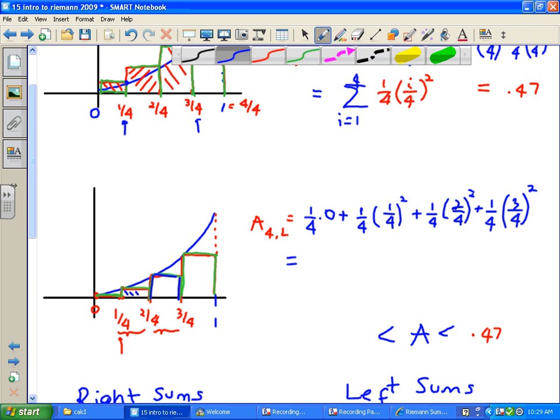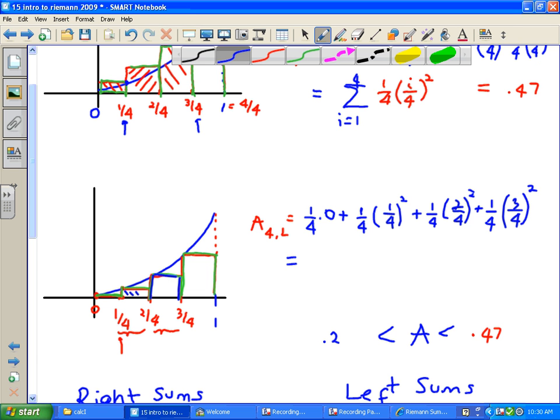I have something that starts with a 0.2. Let me know if you have the rest. Okay, I heard 7 over 32. 0.219 roughly.